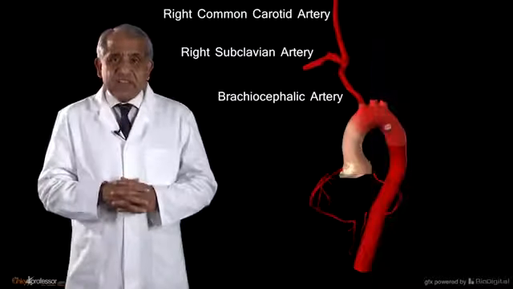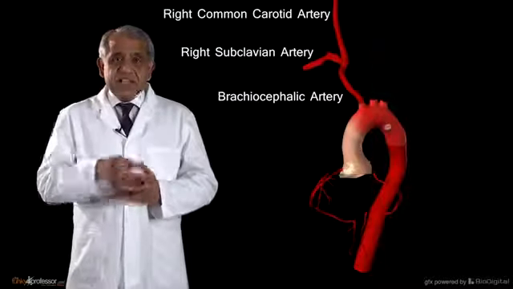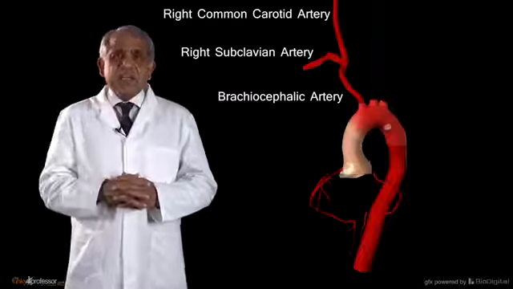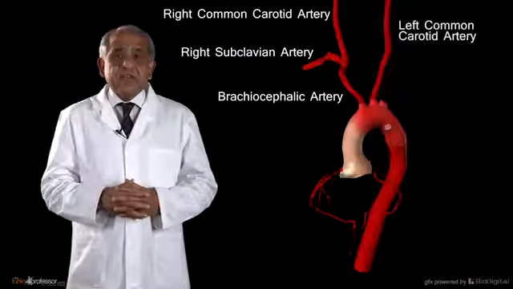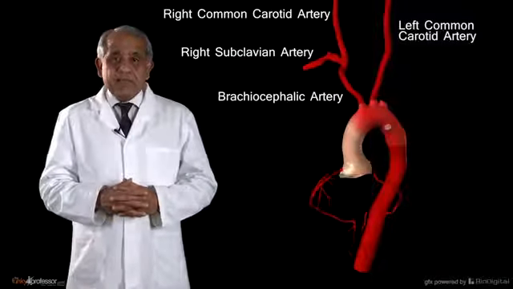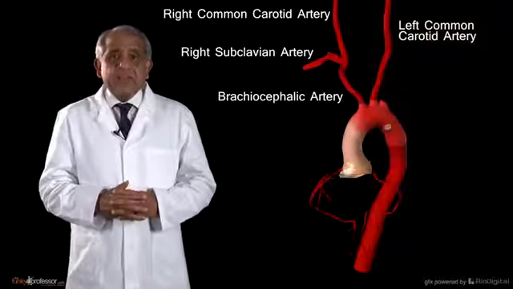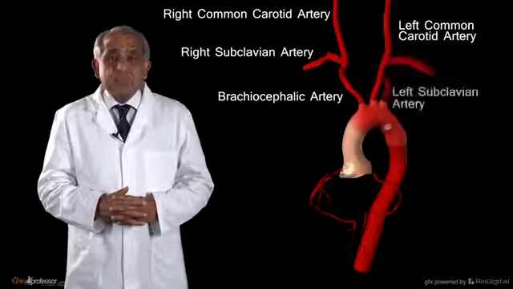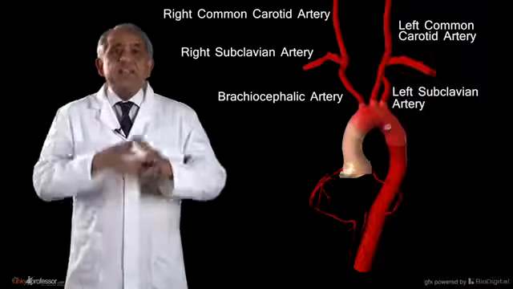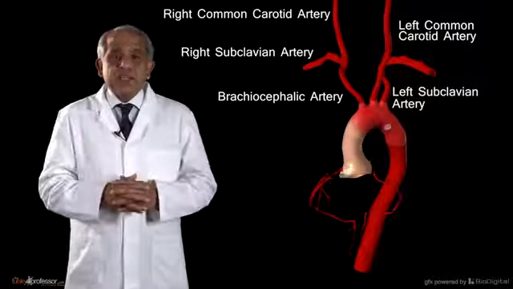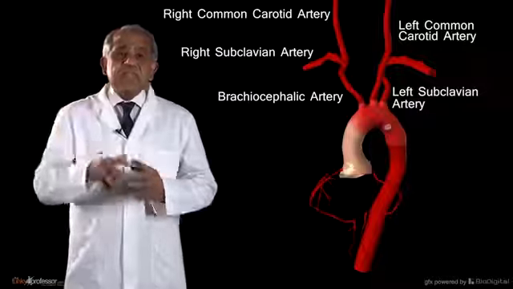The next branch of the aortic arch arises from the very summit of the aortic arch and is the left common carotid artery. And the final branch of the aortic arch is the left subclavian artery. So these are the three branches of the aortic arch, and all of them arise from the convexity of the aortic arch.